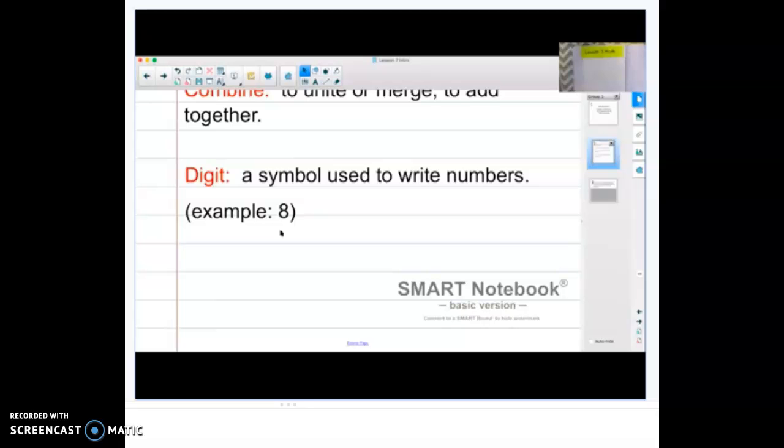So a digit is just one of those single symbols used to write numbers. So the individual digits are 0, 1, 2, 3, all the way up to 9. Once we get to 10, we now have 2 digits that make up a 10. That would be a 1 and a 0.